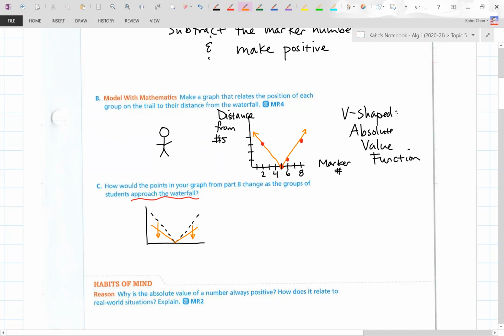So relative to how we think about graphs and transformations, it is actually compressing or shrinking because the points will shift down as we get closer to mile marker number 5.